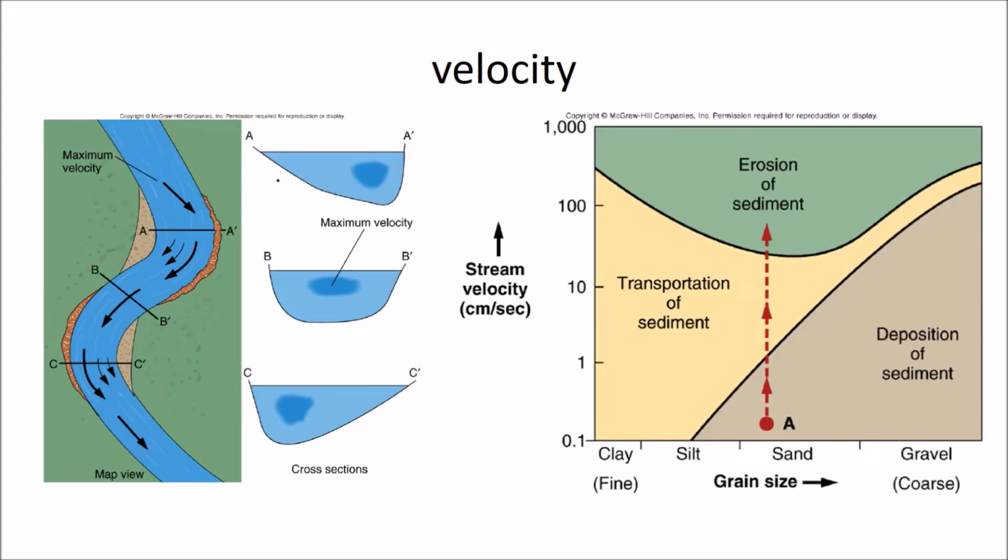And you can see here, on the cross section right here, at this location, on the right side, the velocity is high, then erosion occurs here. This part will be eroded. And on the left, the velocity at this location is low, then deposition occurs.